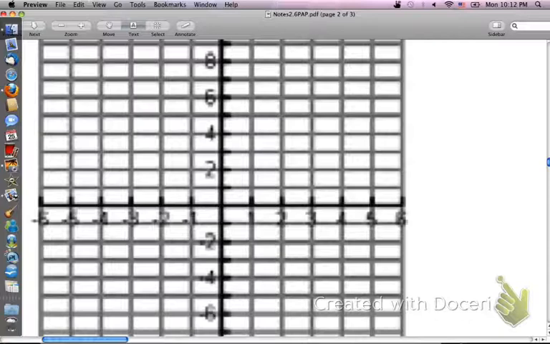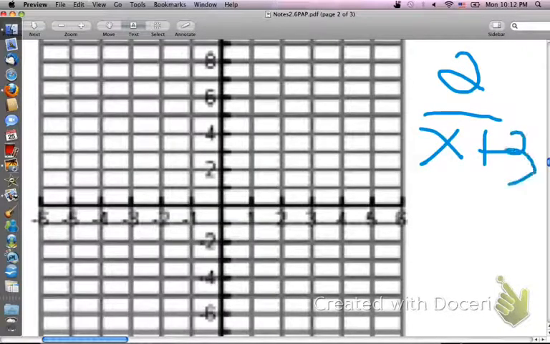Okay, so I've zoomed into the graph so I can easily graph this. Remember, our function is 2 over x plus 3. So we have a horizontal asymptote at y equal to 0.